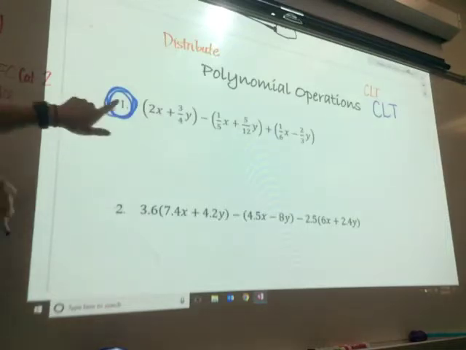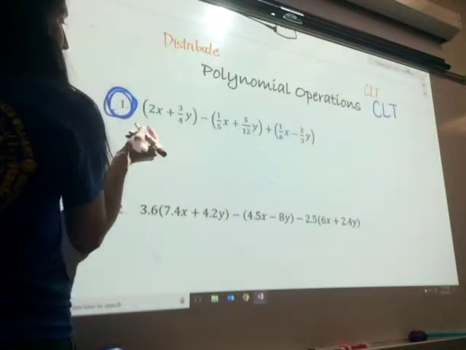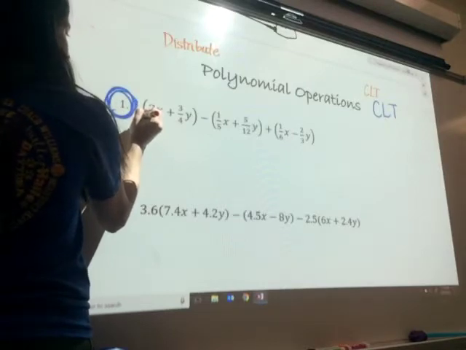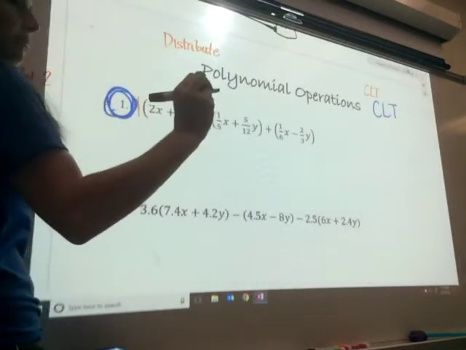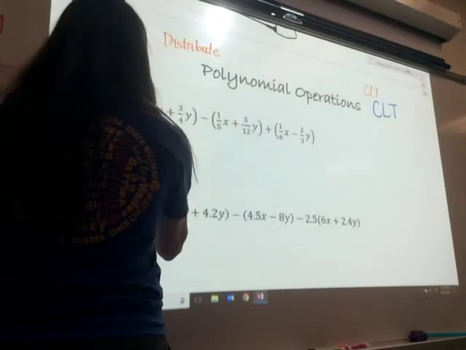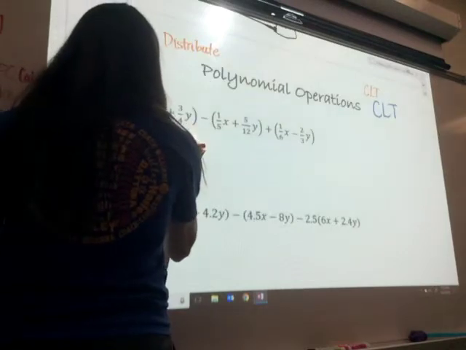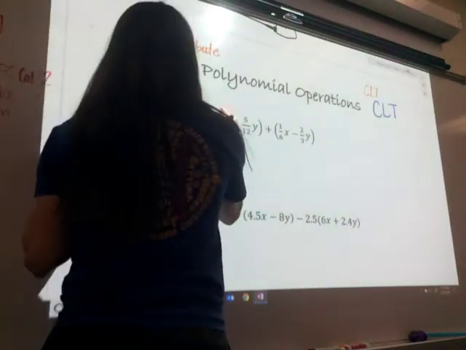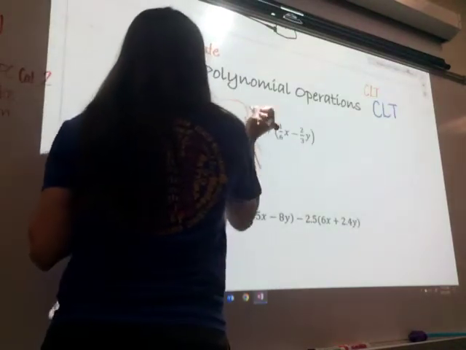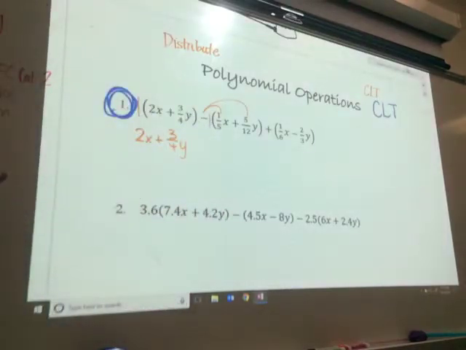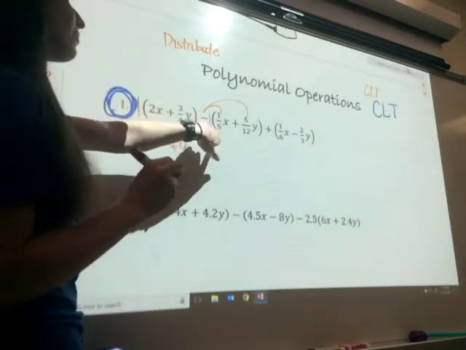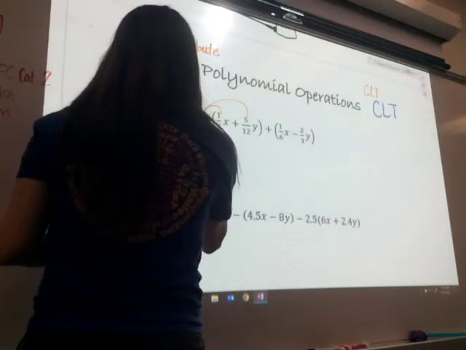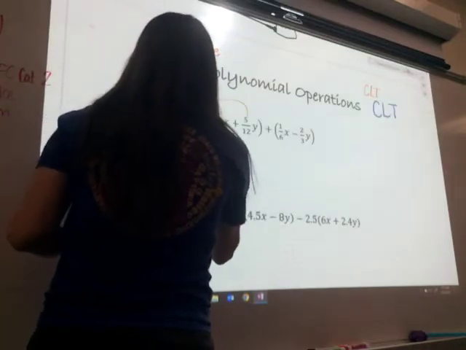Is there anything to distribute in front of this first parentheses? What is understood here? 1. +1. Will that change anybody? No. So let's just rewrite it. What's in front of the second parentheses? So what do I need to do? Just change everybody's signs, right? If this was +1/5, it now becomes a -1/5 x.